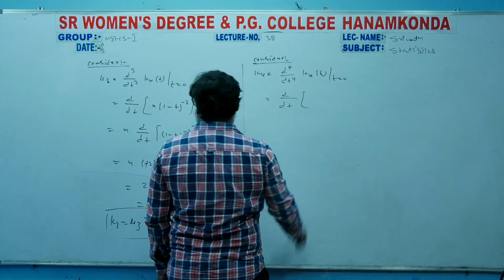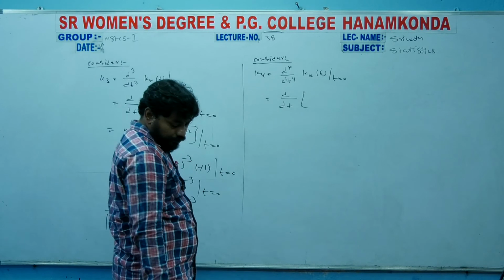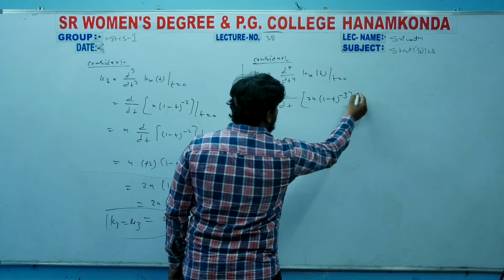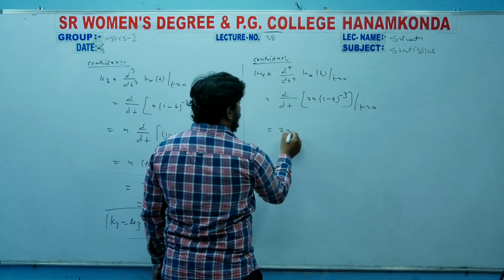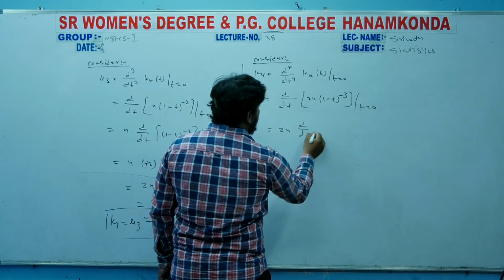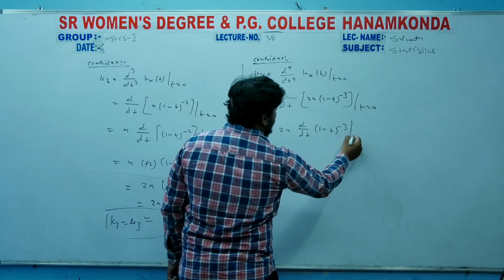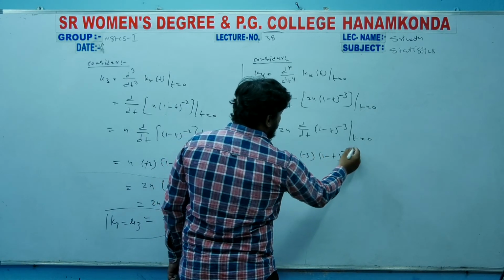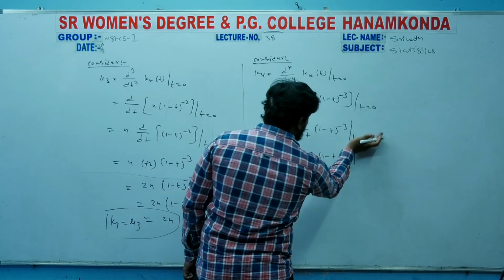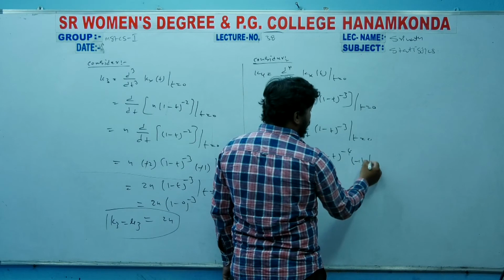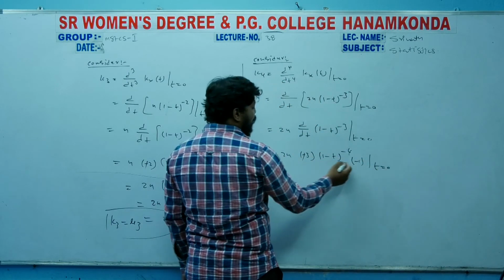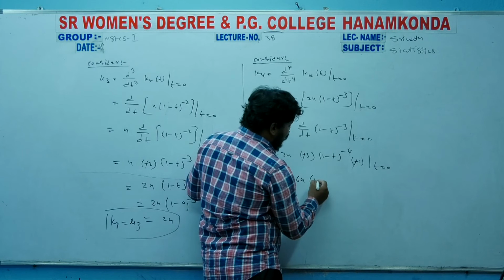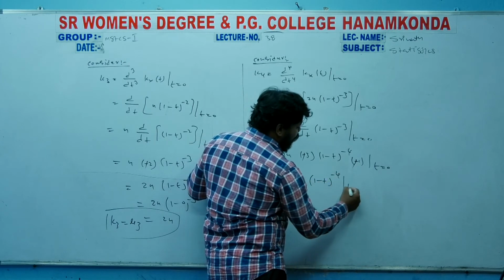That is d by dt of 2n into (1 minus t) whole power minus 3 at t equal to 0. 2n is taken out of the derivation, and d by dt of (1 minus t) to the power minus 3 gives minus 3 into (1 minus t) to the power minus 4 into minus 1. The minus signs cancel, and here we get 6n into (1 minus t) to the power minus 4 at t equal to 0.